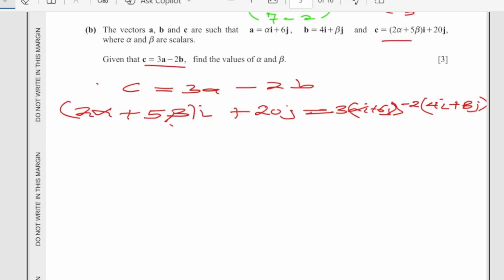Then with this, I have 2 alpha plus 5 beta in parentheses, then i plus 20j is equal to, then I will open the bracket here.